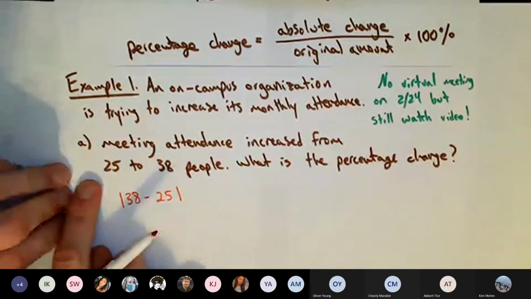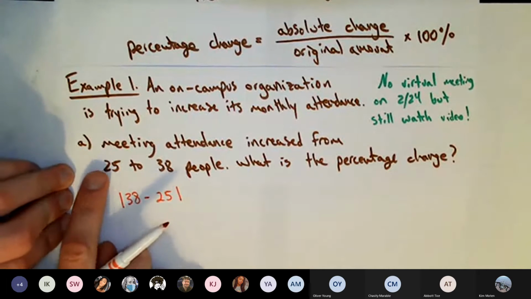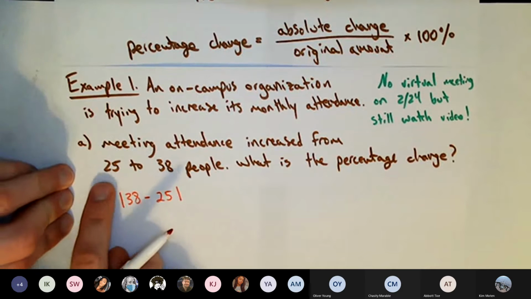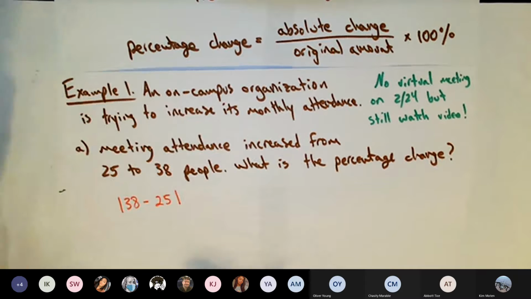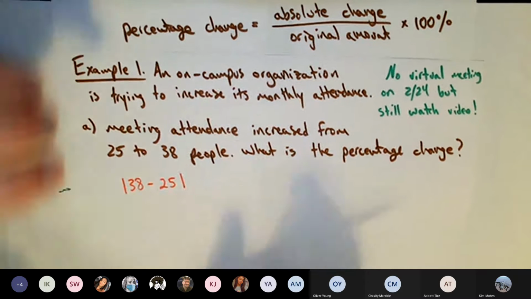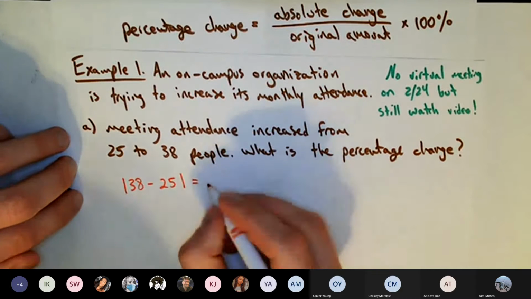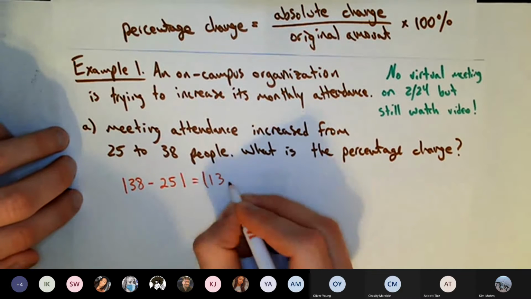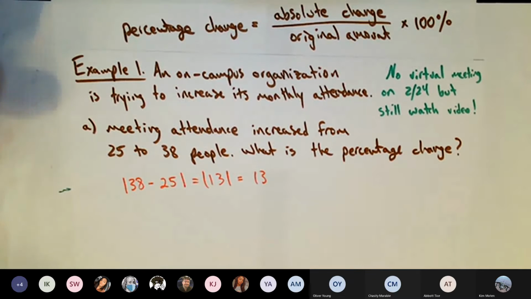I know 25 is the original amount because that's how English grammar works: it says 25 to 38, meaning we're changing from 25 to 38. That absolute change is going to be 13. Does the absolute value change anything here? No, because 38 minus 25 is already positive. So we get 13.